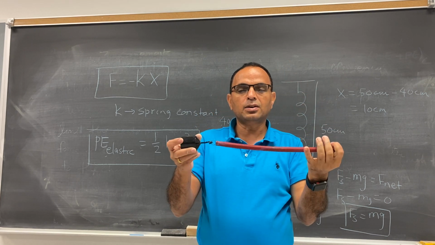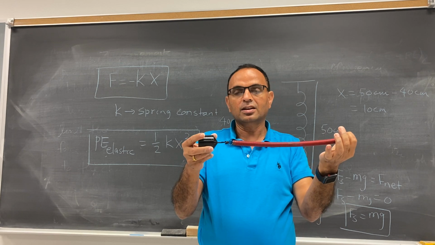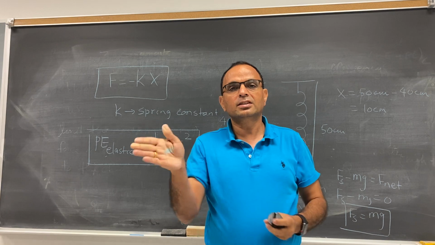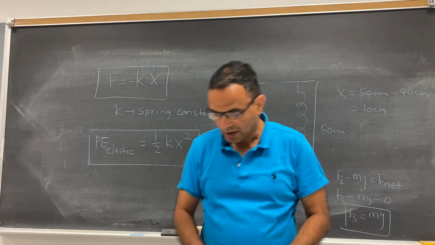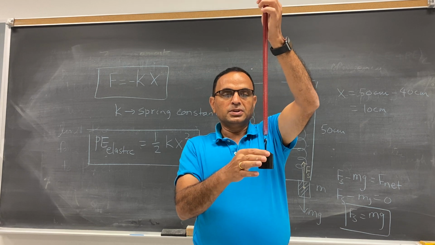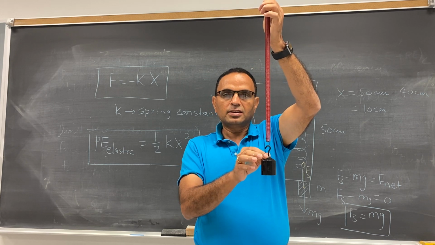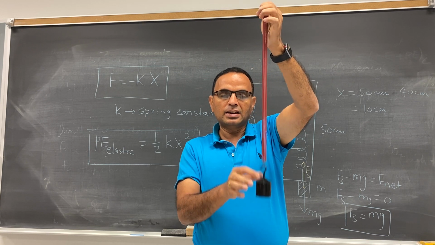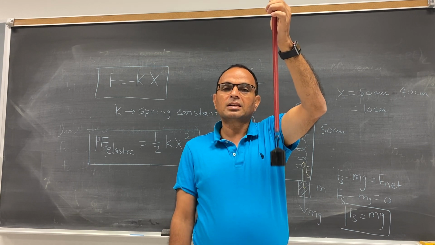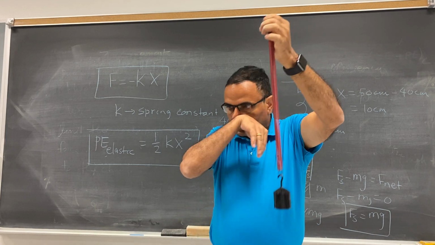If I set the spring horizontally, the mass oscillates horizontally, back and forth this way. So this is the vibration. This is the equilibrium position, the at-rest position. If you displace the mass from here and let it go, it vibrates about the equilibrium position, which we call the mean position.